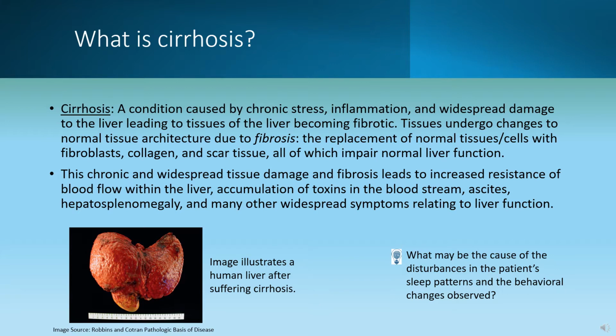So, what may be the cause of the disturbances in the patient's sleep patterns and the behavioral changes we observed? Well, ammonia is a metabolic toxin. Accumulation of excess ammonia in the bloodstream can disrupt many important pathological processes, including neurotransmission.